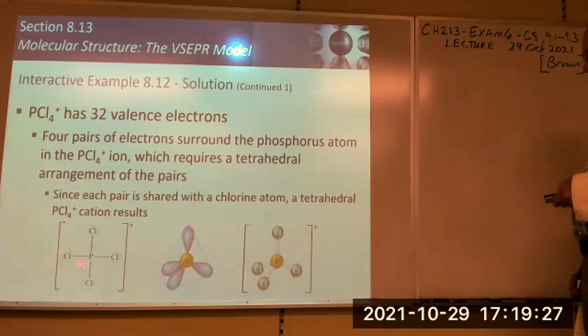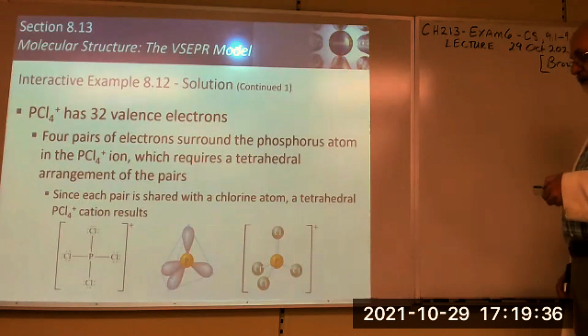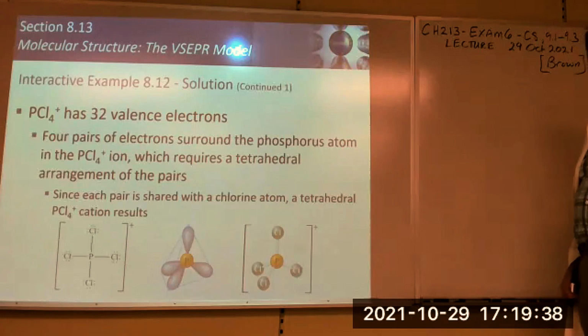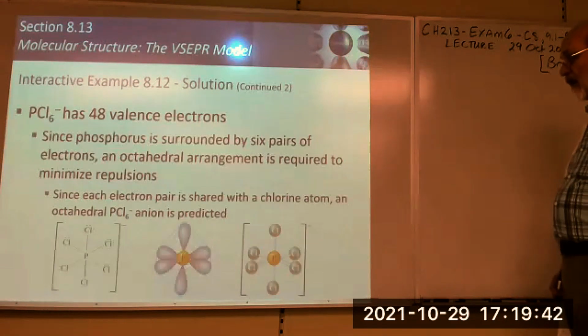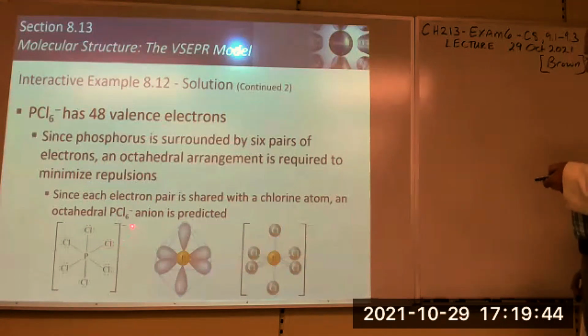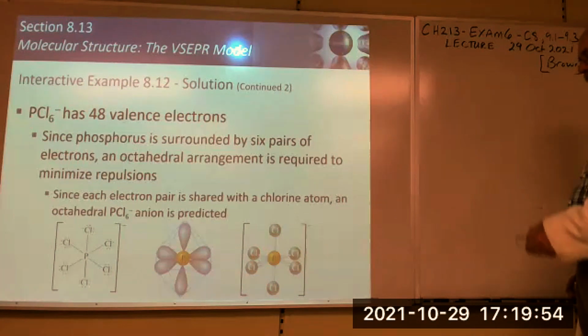This should be a tetrahedron, and there are no lone pairs to deal with. So the structure of this ion is a tetrahedron as opposed to a trigonal bipyramid. If we go the other way and add an electron, well, now we've got an electron charge, but we have 1, 2, 3, 4, 5, 6. We have an octahedron, but there are no lone pairs. So the structure is octahedral also.